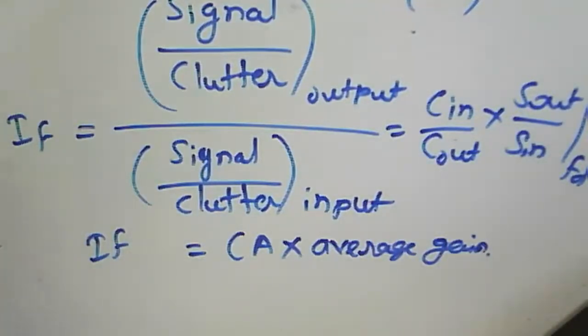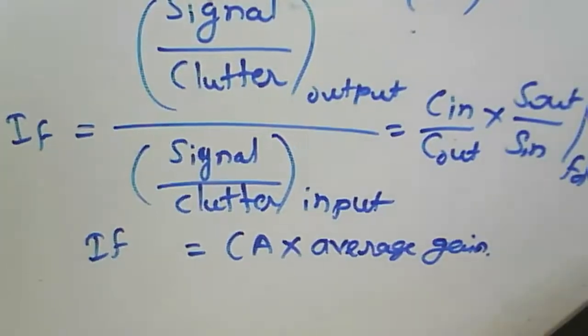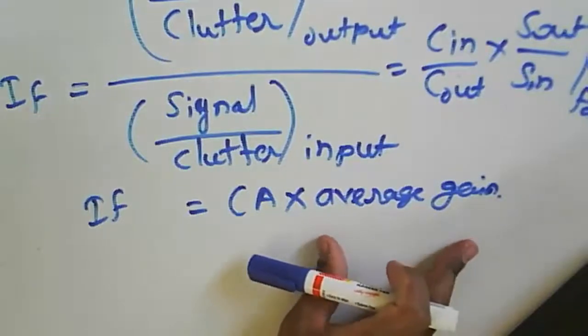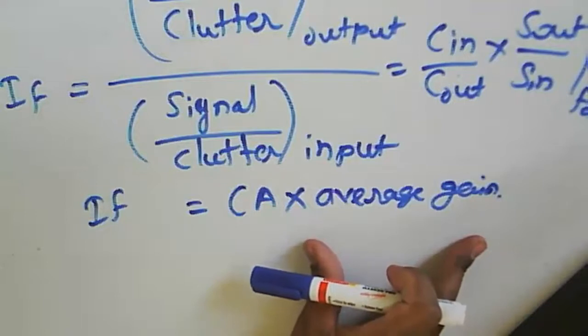So we will get the improvement factor IF with respect to clutter attenuation and the average gain of the device. And that average gain depends upon the response of the filter, that is H of f.